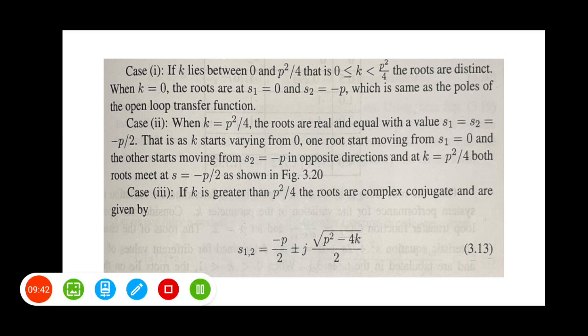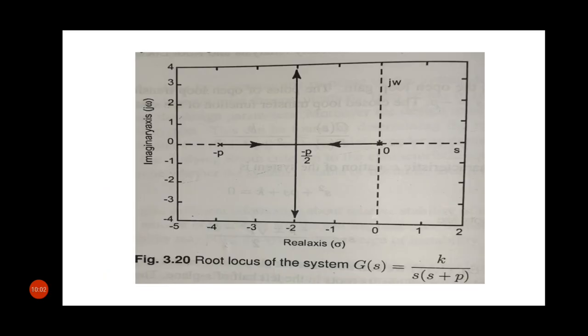Now see case 1. If K varies between 0 and p square by 4, then the roots are different. If we take K equal to 0, then S1 is equal to 0 and S2 equal to minus p. See this graph, this is our S domain.